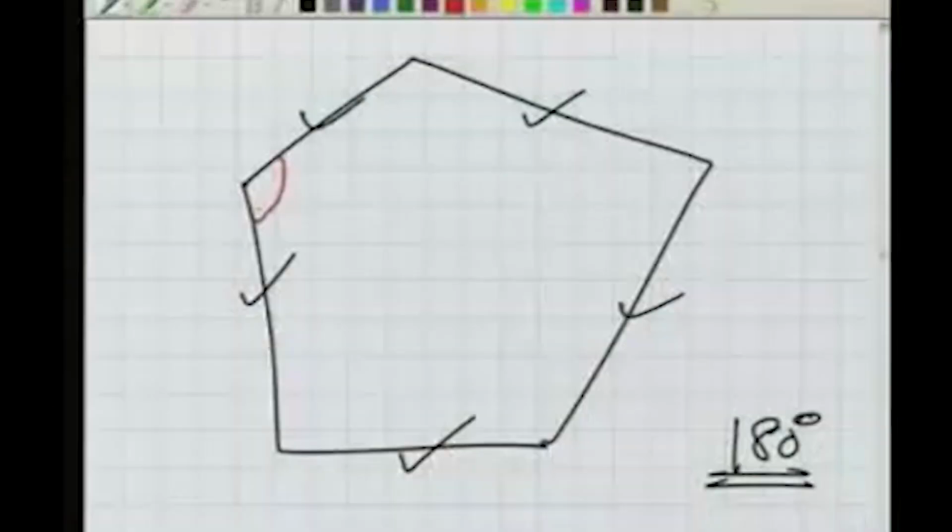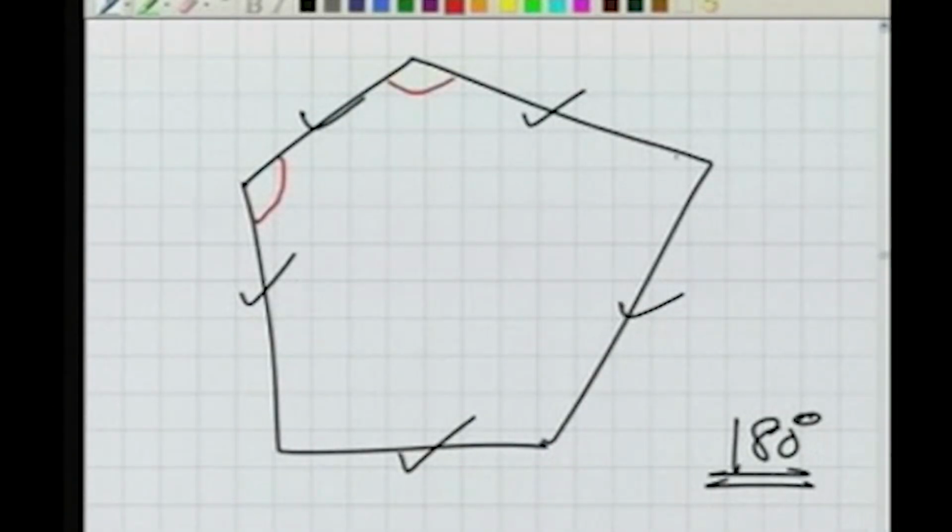Okay, once the corrections have been applied, this is our traverse. What next? After applying the corrections, we can determine these internal angles, because if you know the bearings of all the lines, you can compute these internal angles also. Well, this is a very important concept.